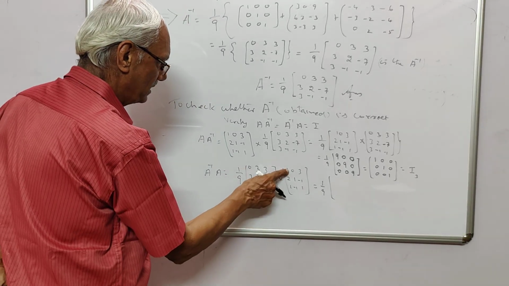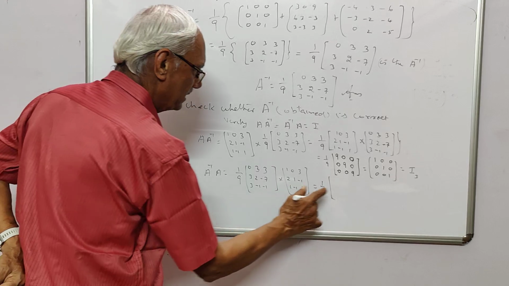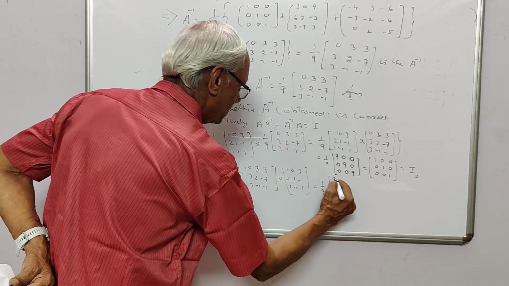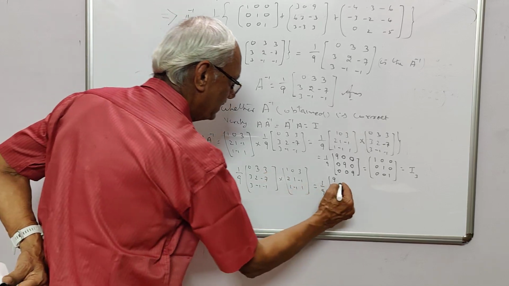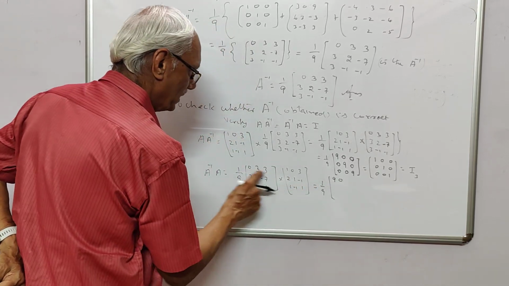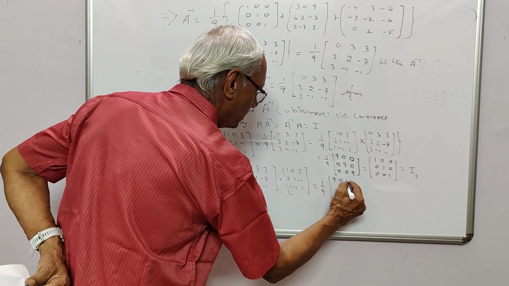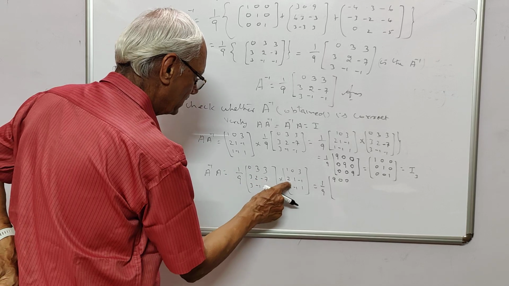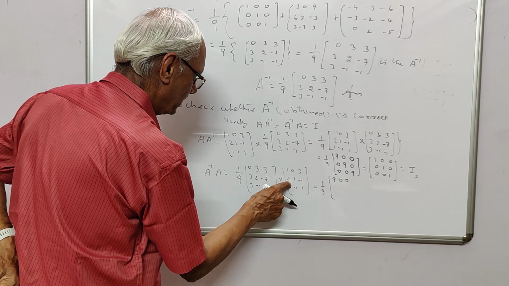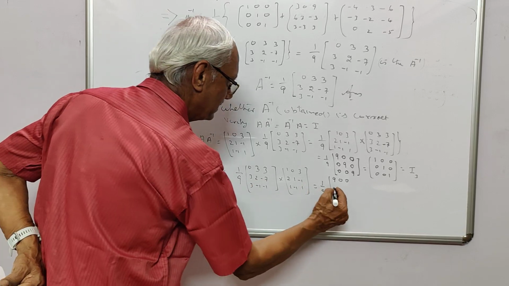See, 0 into this is 0, this is 6, 6 plus 3 is 9, this is 0, this is 3, minus 3 is 0, this is 0, this is minus 3, plus 3 is 0. 3 into 1 is 3, this is 3 plus 2 is, that is 3 plus 4 is 7, minus 7 is 0.